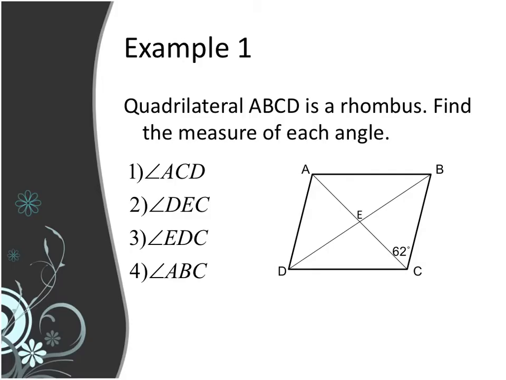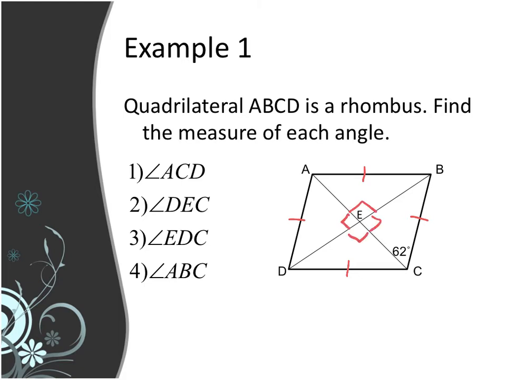Okay, so for the first example, quadrilateral ABCD is a rhombus. Find the measure of each angle. So here we're going to use the properties we just learned. We know that all the sides are congruent in a rhombus. I also know that the diagonals are perpendicular when it's a rhombus.